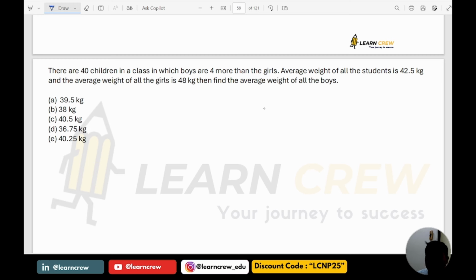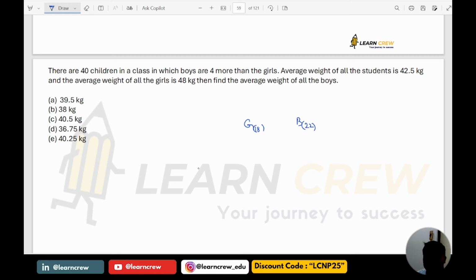Here, the sum is 40, the difference is 4. Boys are 4 more than girls, so boys have to be 22, girls have to be 18.